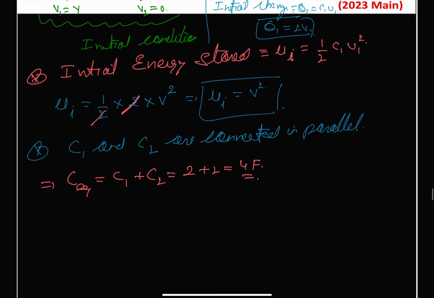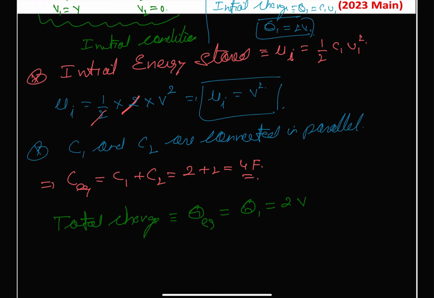So we can say that the equivalent capacitance and total charge, let us call the Q equivalent, will be equal to our initial charge, that is our Q1, which is 2 times V. Now both are connected in parallel and the potential will be the same on both.